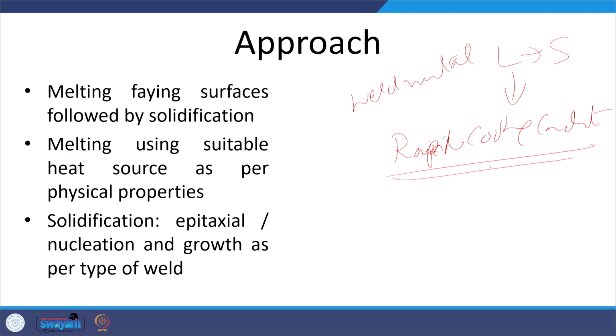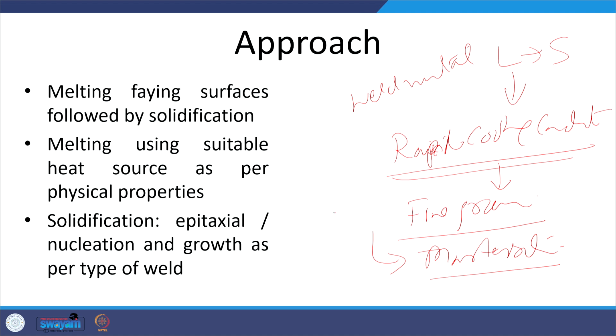Rapid solidification results in a very fine grain structure. Another aspect is that in the case of transformation hardening metals, it can also lead to the formation of martensite in the weld metal. So, in the case of autogenous welding, if you want to avoid the martensitic transformation which may lead to embrittlement of the weld joint, then we can use softer filler metals accordingly.